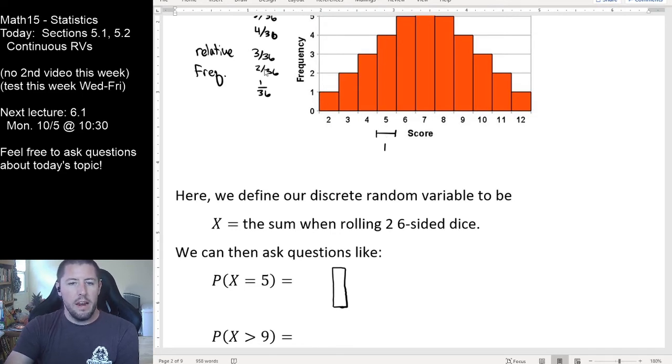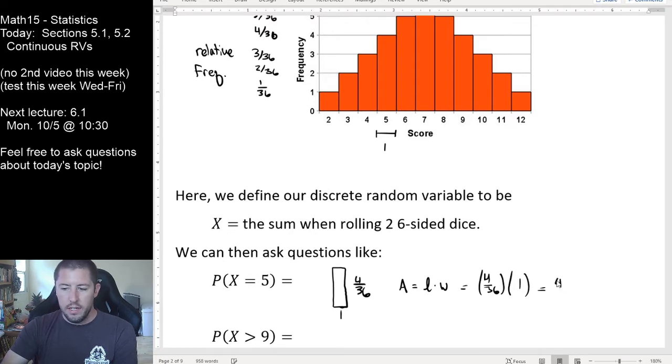We just determined that if we're thinking in terms of relative frequencies, then the height of this rectangle, so I've got a 1 and I've got a 4 over 36. And we should notice that the area of that rectangle is the length times the width. And here we're getting a 4 over 36 times 1. And that is just giving us 4 over 36. That is the probability that's associated with experiencing that event of a 5 right there.